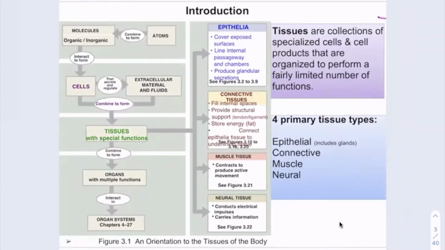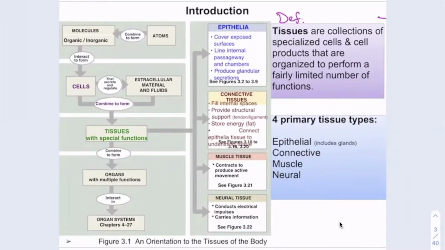So here's a definition right here of tissues. They're collections of specialized cells and cell products that are organized to perform a fairly limited number of functions. And so that is a good definition to remember. They are specialized cells, groups of cells, collections of cells, and whatever surrounds them.